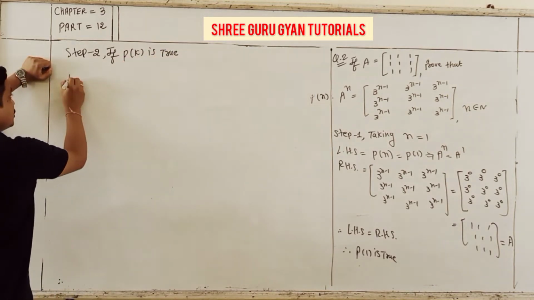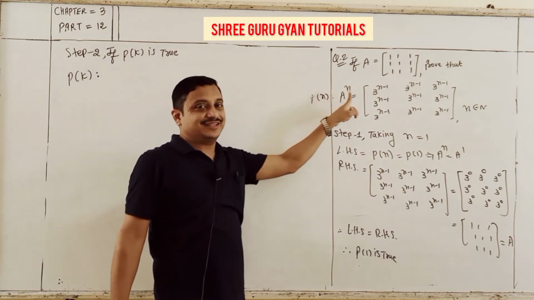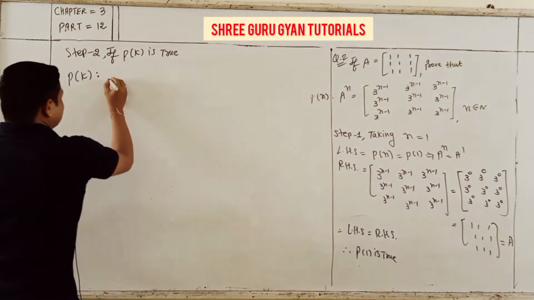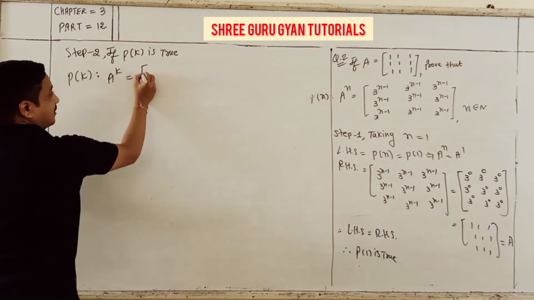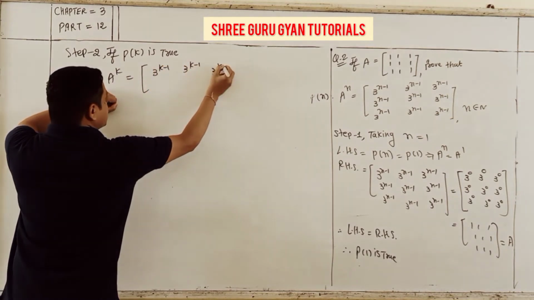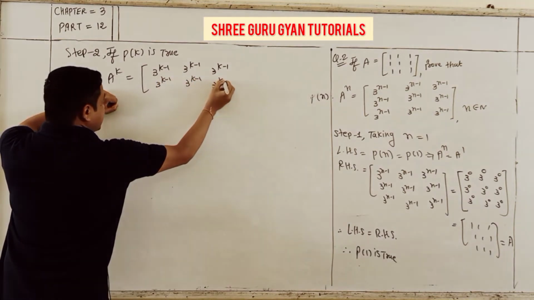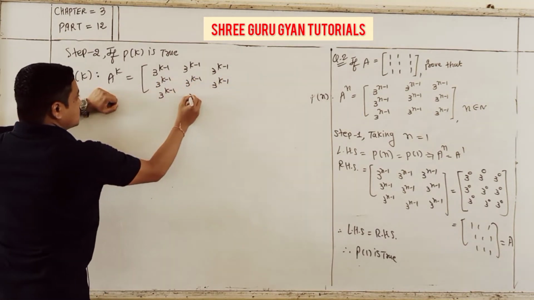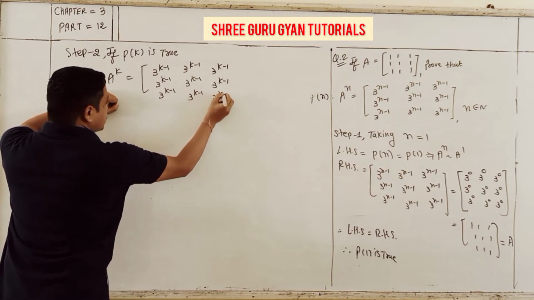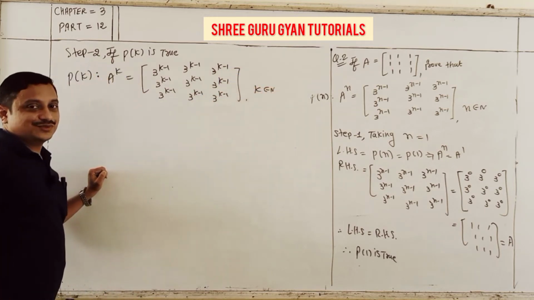P k is true means I just replace n in P of n by k. So A raised to k, and the other is 3 raised to k minus 1, same as 3 raised to k minus 1 for every k belongs to natural.